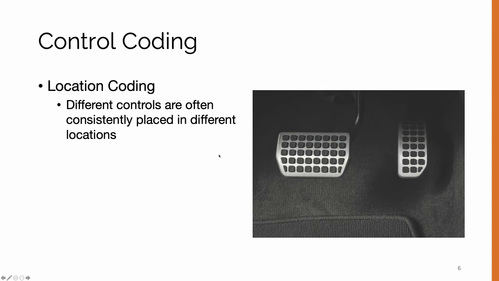So that's an example of location coding, although interestingly, it also mixes in shape coding. So again, the coding is just used to help people identify the control, and also give some idea, if possible, about how that control works.